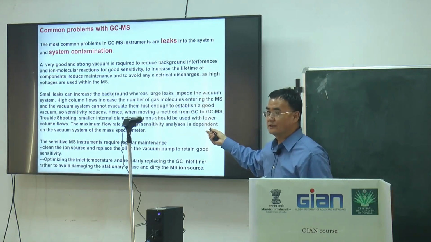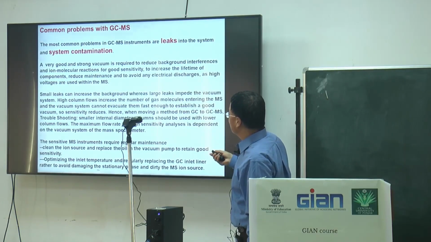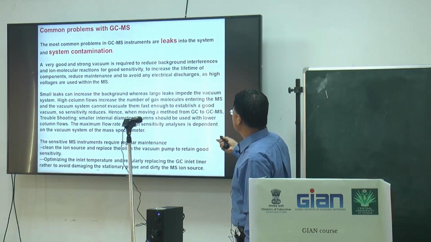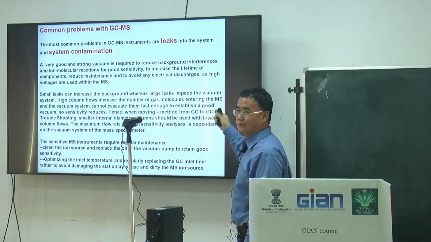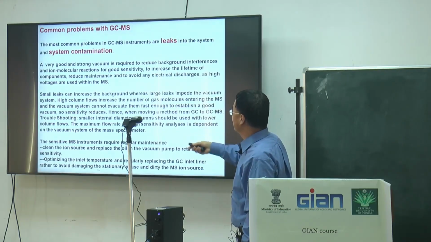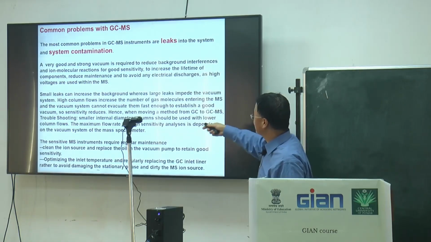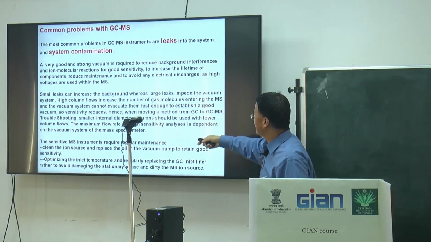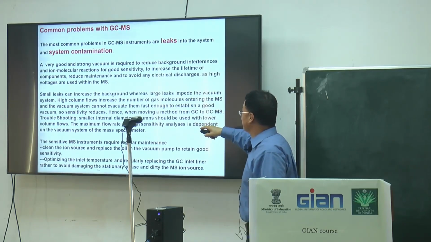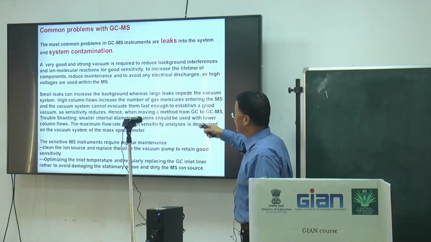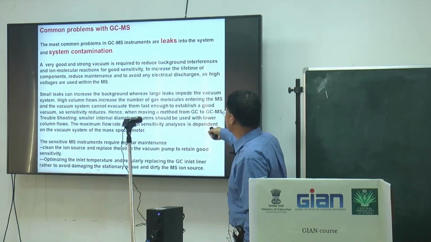A small leak can increase the background, while a large leak impacts the vacuum; if the leak is large, the machine just shuts down. High column flow increases the number of gas molecules entering the mass spectrometer, so the system cannot evacuate fast enough to establish a good vacuum, and the sensitivity is reduced.